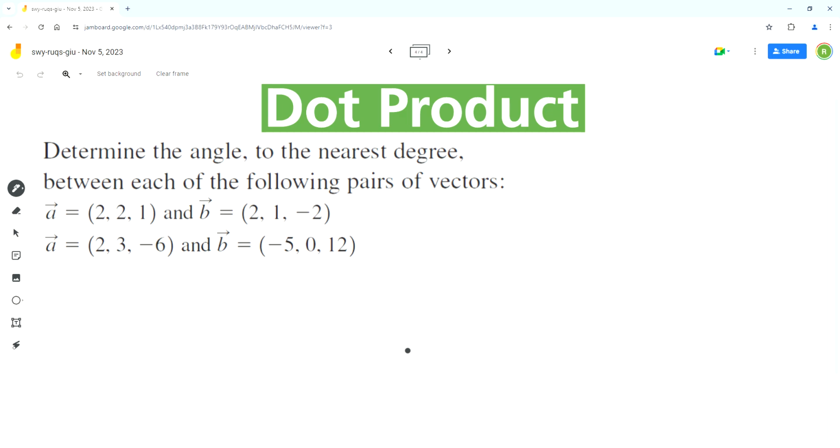So in this video, we'll solve this problem using the concept of dot product. As per the problem, determine the angle to the nearest degree between each of the following pairs of vectors.